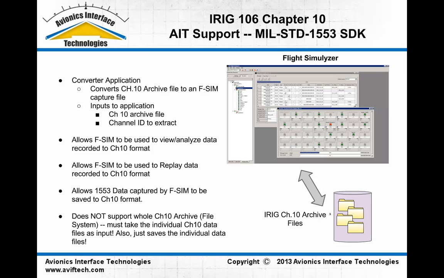We'll be able to open that up and look at it, and also show you that we can take data that we capture from the Chapter 10 stream and save it out to a proprietary, more efficient format that we use so that we can process it, open it, and look at it. So we can take the data from the Chapter 10 stream, save it out to our proprietary format, or also to a Chapter 10 archive file format, and then also open directly from the archives.